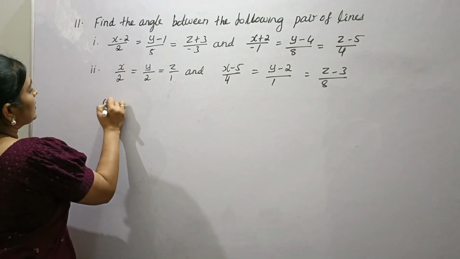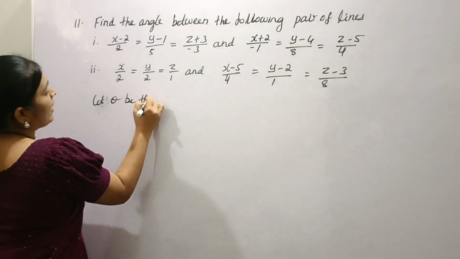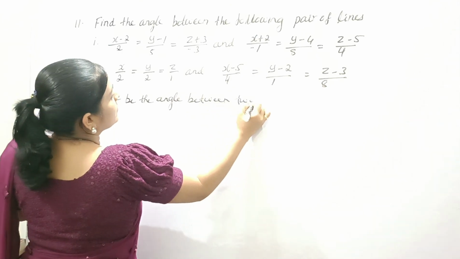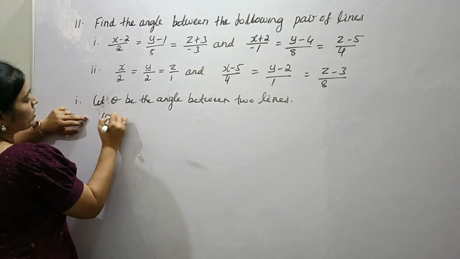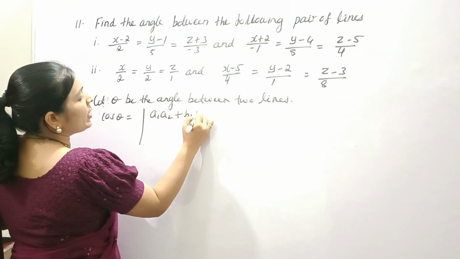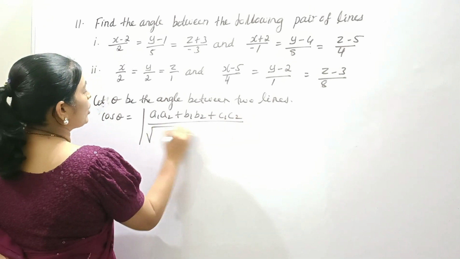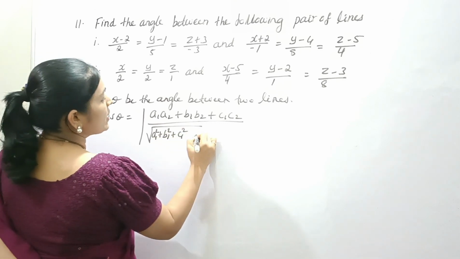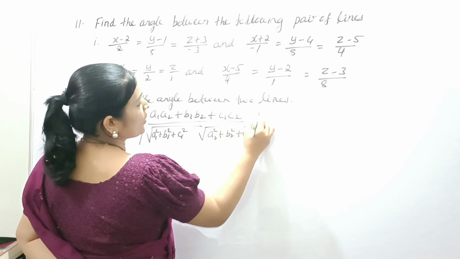First of all, let theta be the angle between the two lines. Then cos theta is equal to the modulus of (a1 a2 + b1 b2 + c1 c2) divided by root of (a1 square + b1 square + c1 square) into root of (a2 square + b2 square + c2 square).